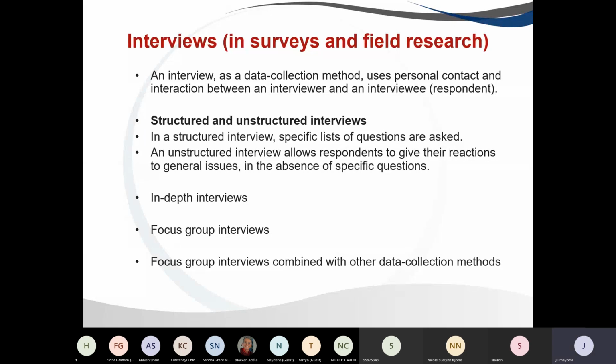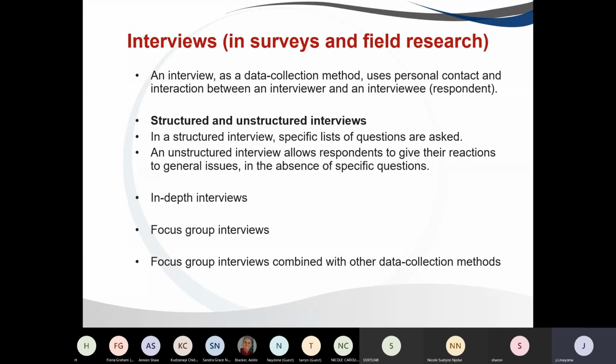Okay, so just to continue then, we're talking about unstructured interviews and how they are really the opposite of structured interviews. So the researcher, you still go in with a plan, you still go in with prepared questions, but you allow yourself to deviate slightly from the questions depending on the situation.